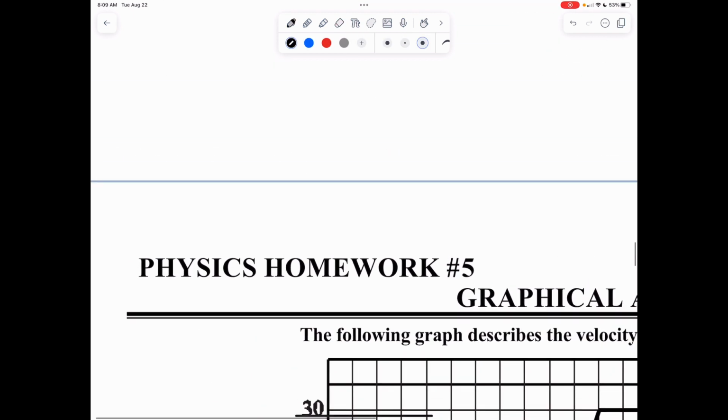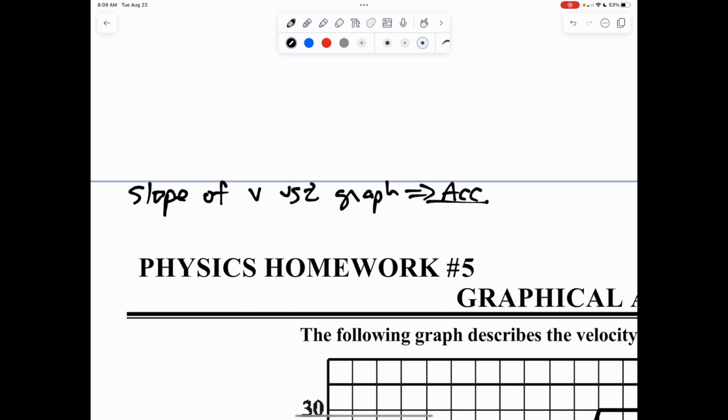Number 1, the slope of a velocity versus time graph is acceleration.